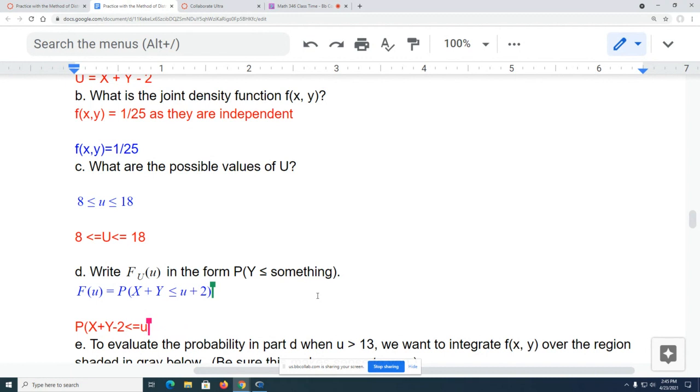Good. So we have the probability that x plus y minus 2 is less than or equal to little u. Then you can solve that for y on one side of the inequality and get the probability that y is less than or equal to little u plus 2 minus x.